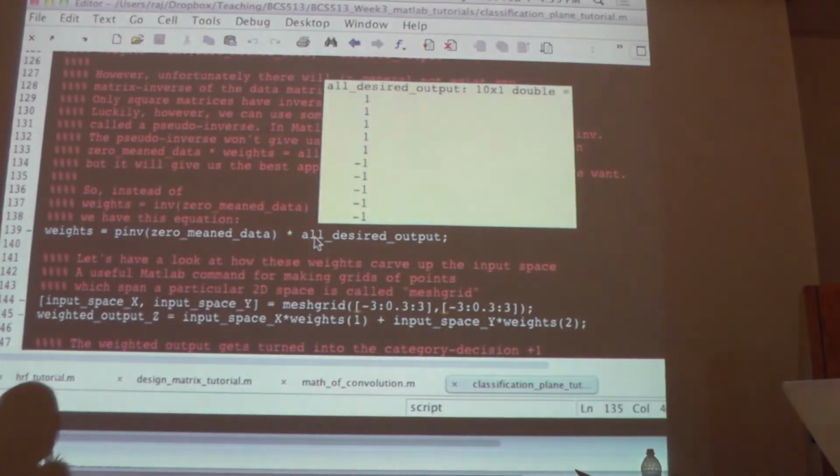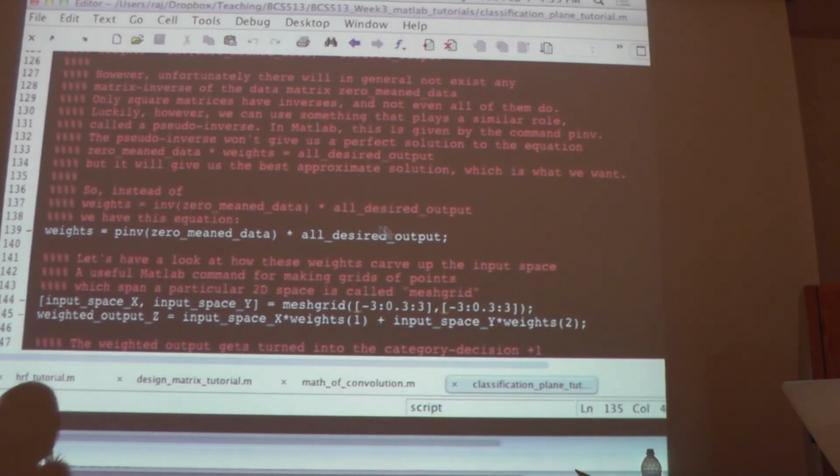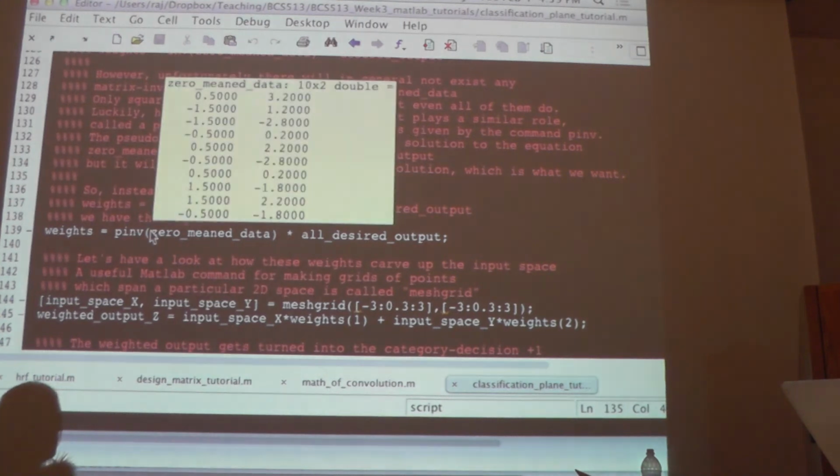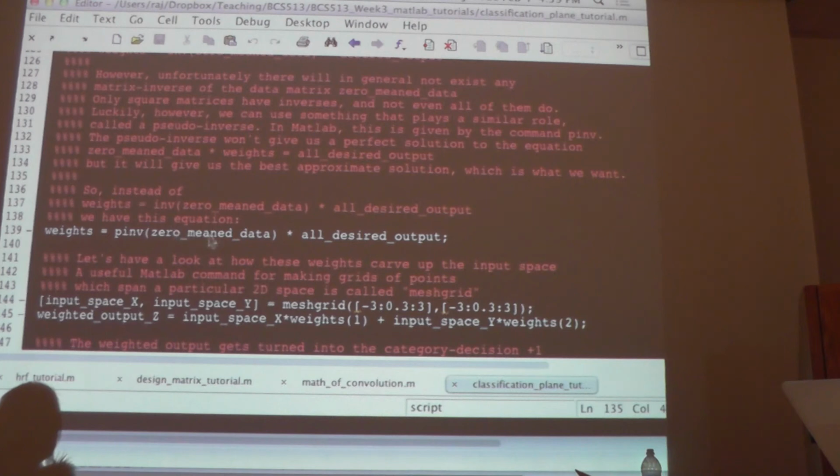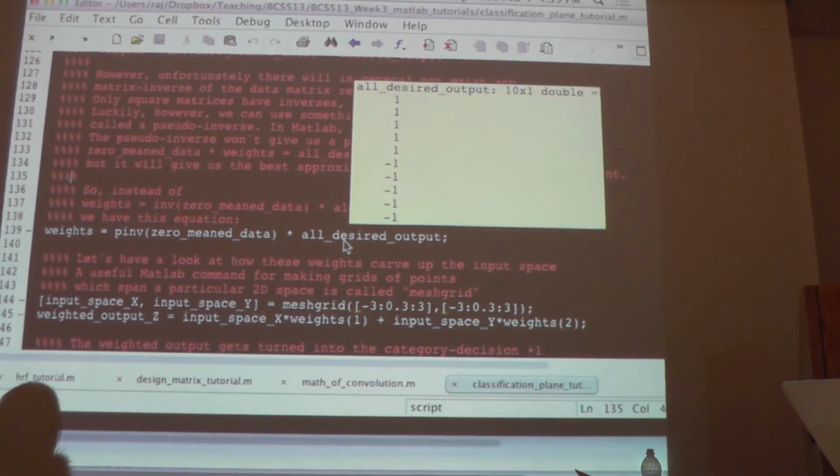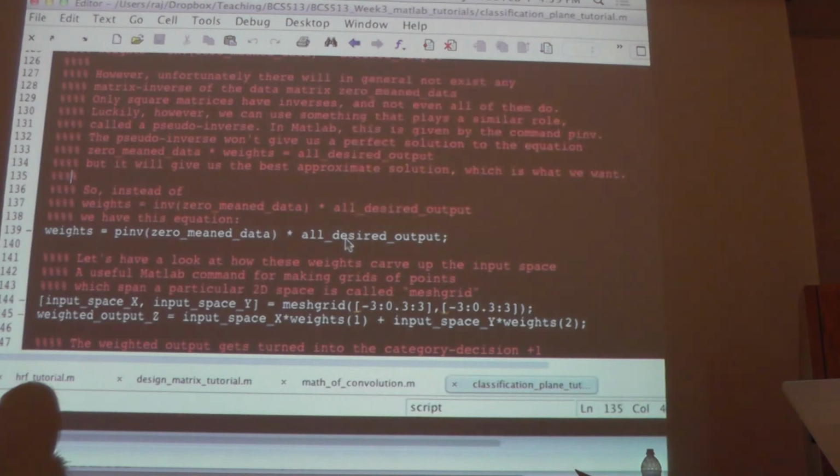Here's what we want to get out as an answer. This corresponds to the measured data that you're trying to fit in the case of fMRI. We're trying to find some way of weighting this data such that it gives us as close a match as we can get to these desired classes, where all of the sumo wrestlers get assigned the number 1 and all of the basketball players get assigned the number -1.